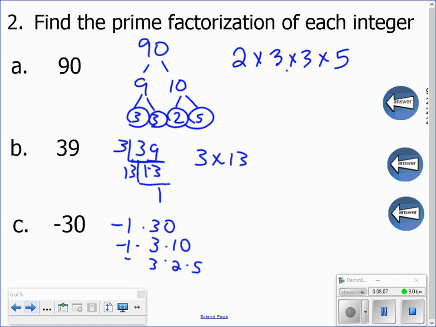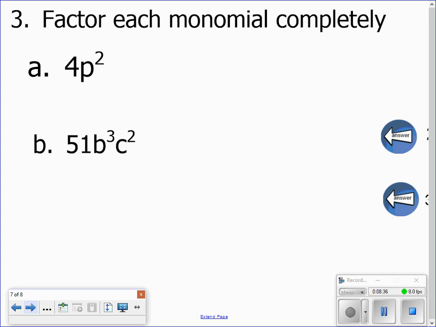Bring down the stuff that I didn't change. And so my prime factors for this one, if I write them in order, would be negative 1 times 2 times 3 times 5. When we're listing out the prime factorization, it's important to list them as a multiplication statement, so that you know that those numbers multiply to give you what you started off with, your product.